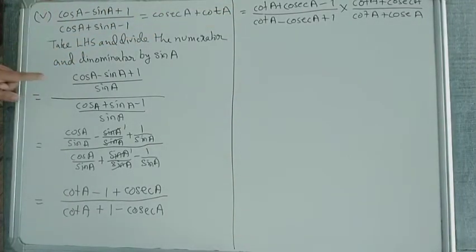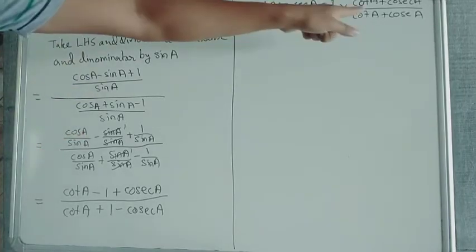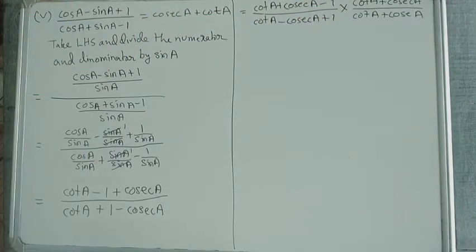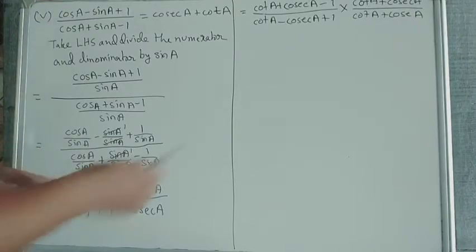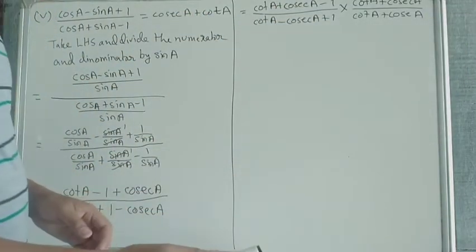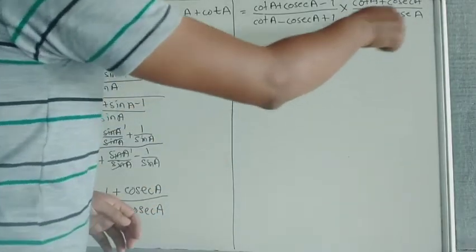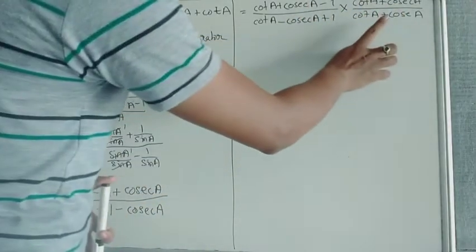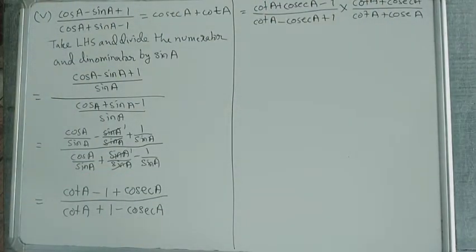Like here we took one assumption, dividing by sin A. Same way, here also we assume that we will multiply and divide by this to get the answer. It's not exactly rationalizing the denominator. We are just multiplying something to get the answer.